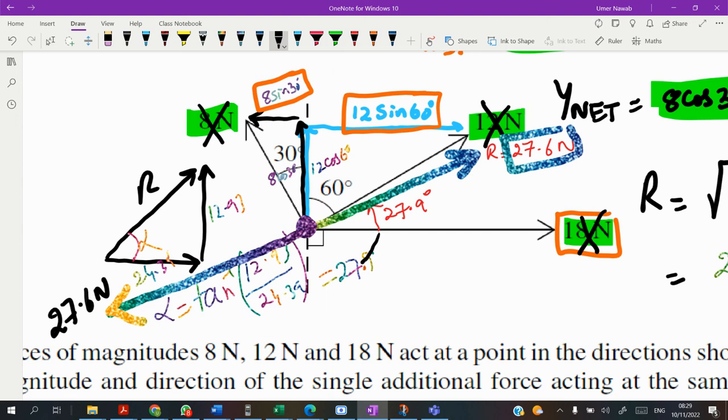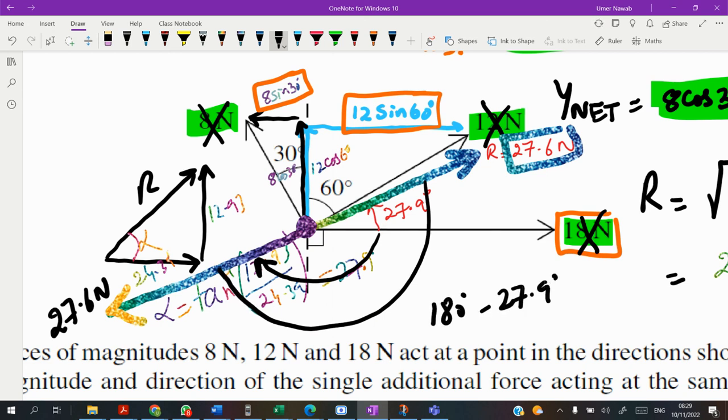How can I find this angle? I can find this angle because the total angle is 180. So 180 minus 27.9 degrees.